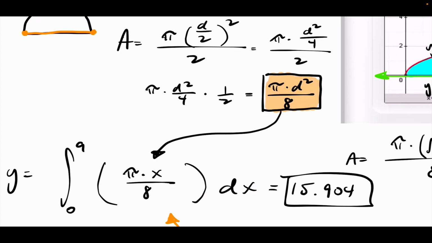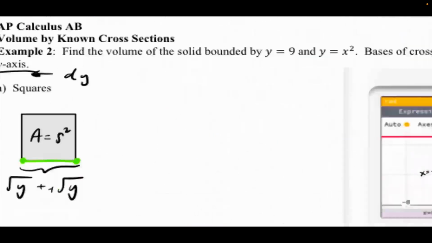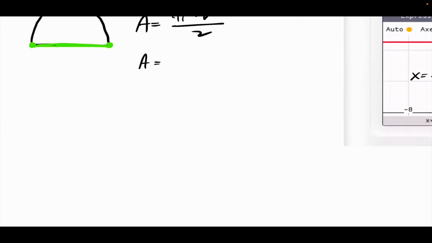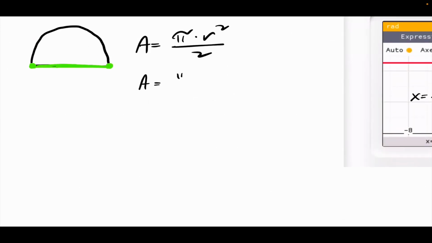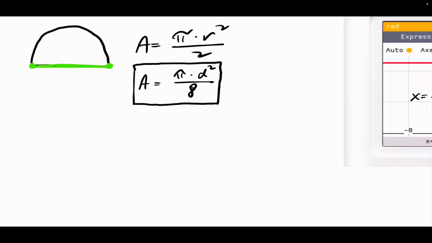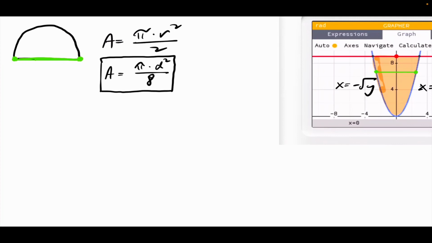That was the formula, same formula, but using diameters instead of radii. Pi times d squared over 8. That's the one we're going to use, because the diameters are the ones that go from green dot to green dot.